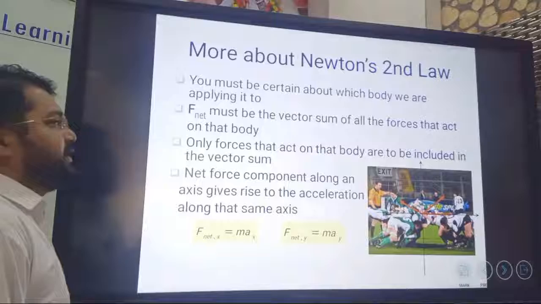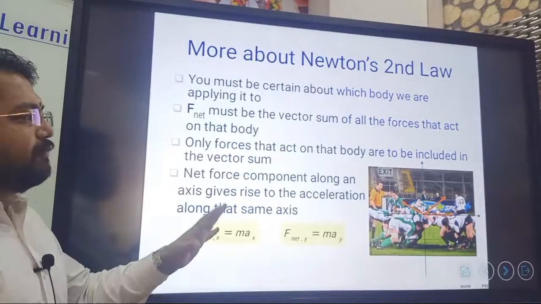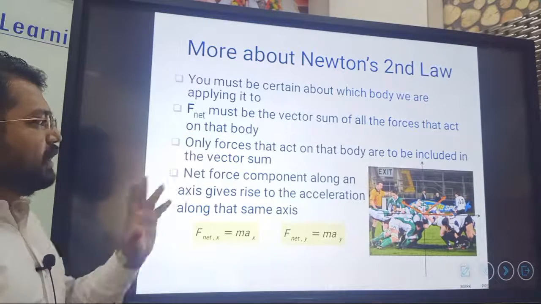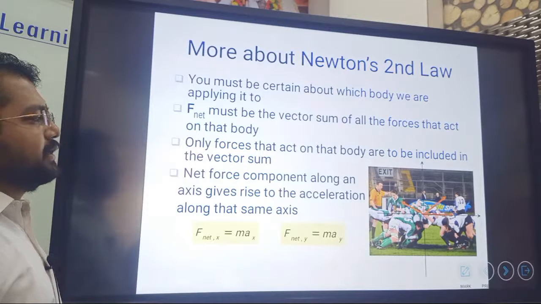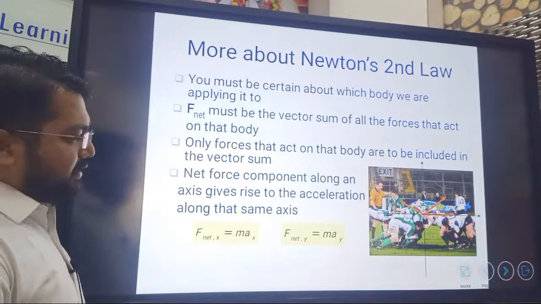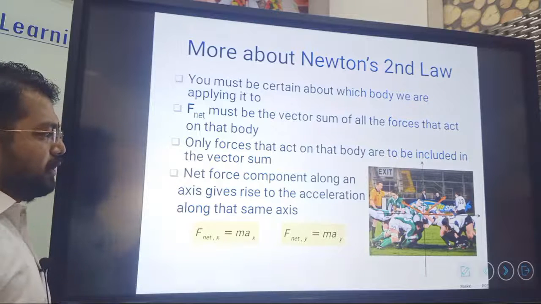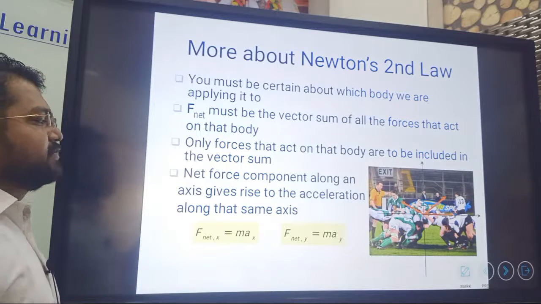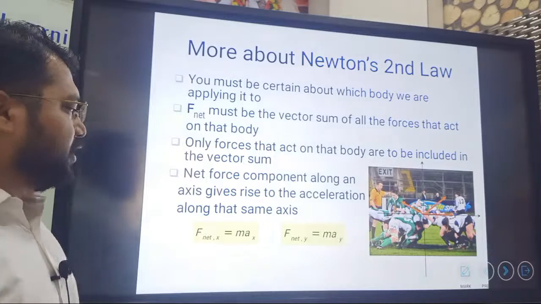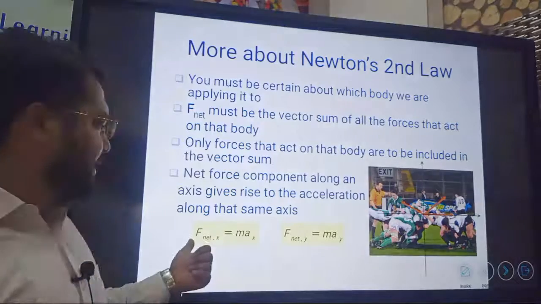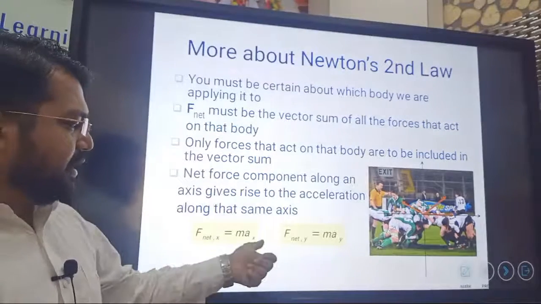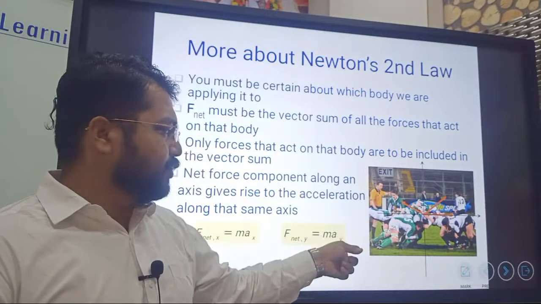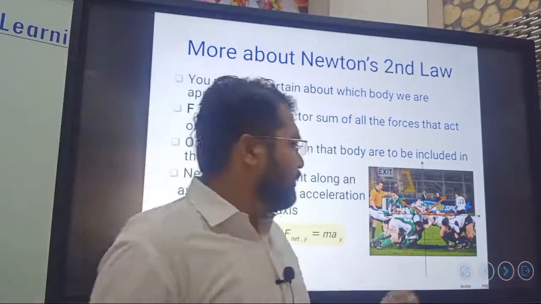F net must be the vector sum of all the forces that act on the body. Only forces that act on the body are to be included in the vector sum. So the net force component along an axis gives rise to the acceleration along that same axis. So net force is nothing but mass into acceleration on the x-axis, and net force is nothing but mass into acceleration on the y-axis.